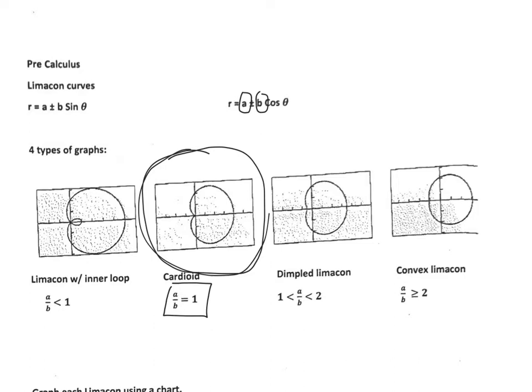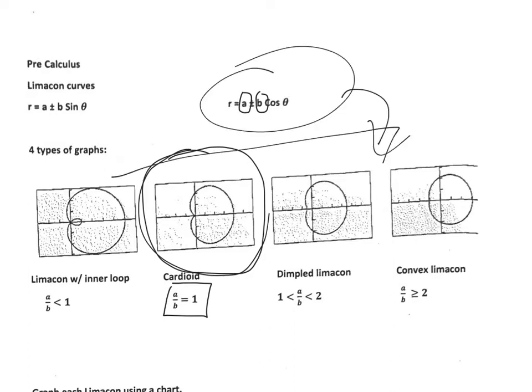So you always identify A and B first, and that tells you which of these four curves you're going to get. Remember, with cosine, all of these graphs, these examples, are symmetric to the x-axis. The inner loop, which we did on the last one, is on the x-axis.